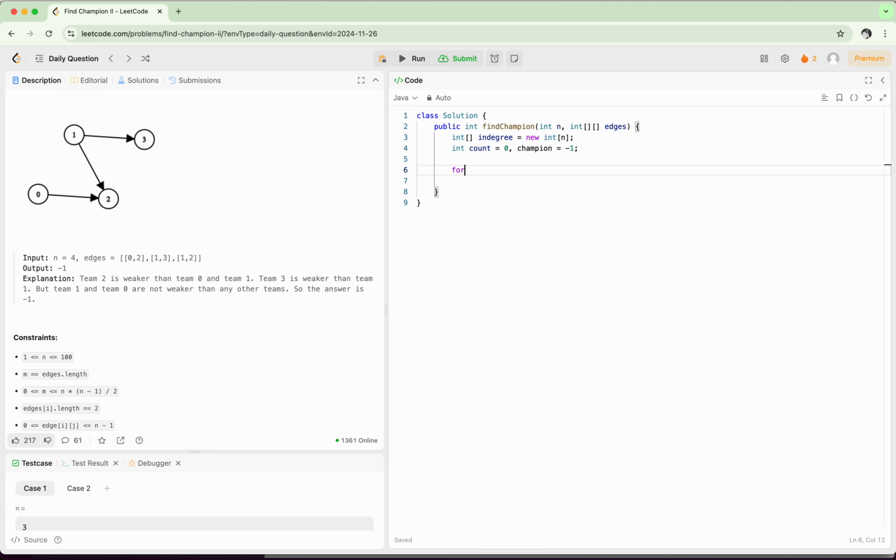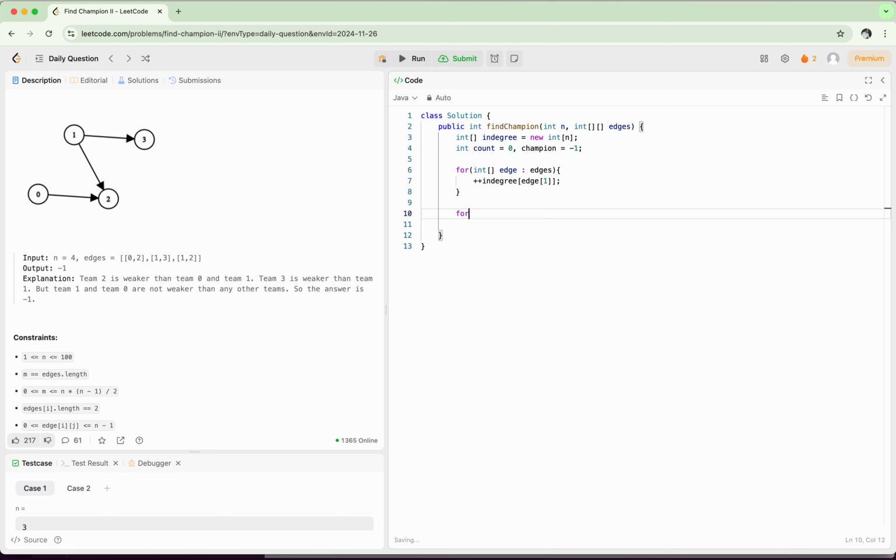So to do that, we'll take each individual edge out of this edges array, and then the n degree of edge of 1 will be incremented.